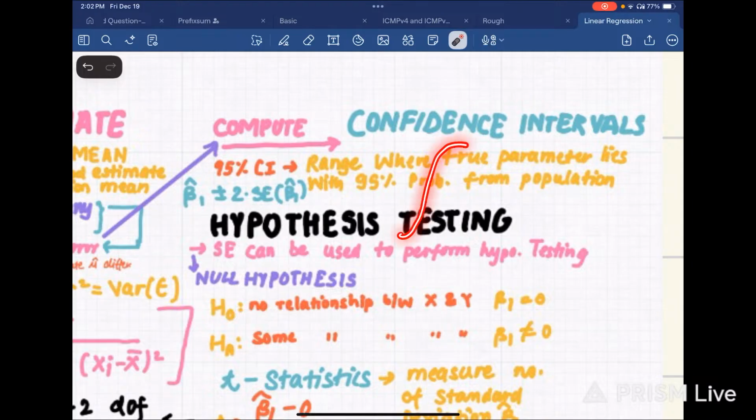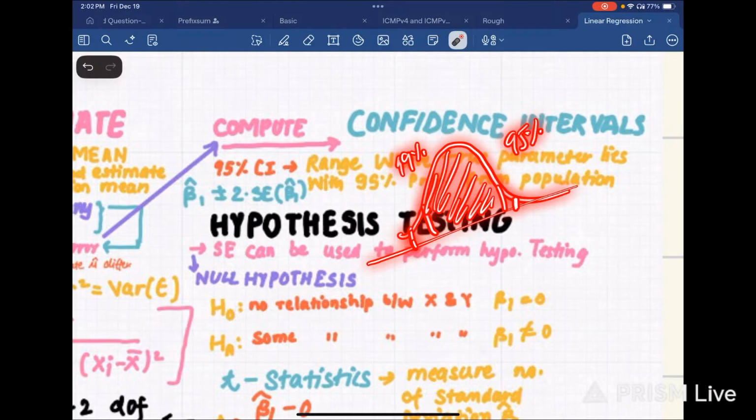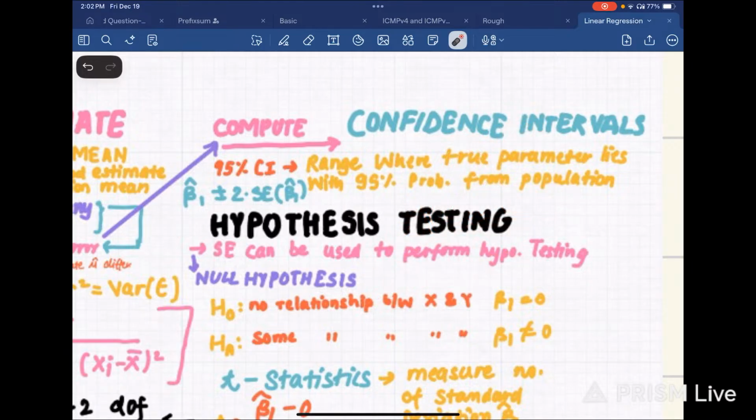If you want to see it in the graph, this is the 95% confidence interval, and this part is the 99% confidence interval. The remaining areas are like alpha and so on. You can use a t-test also. There are different kinds of tests in statistics to help you find these confidence intervals.